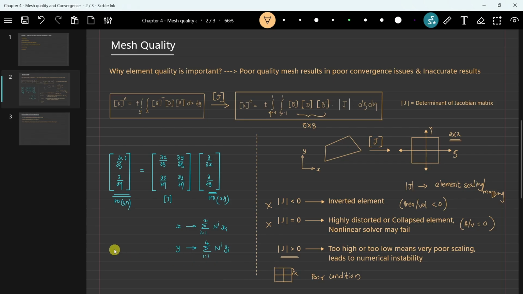Now let's talk about this quadrilateral element. As we know, it has four integration points, and this is a Jacobian. So we know the Jacobian has terms of zeta and eta. That means we can calculate the Jacobian at each integration point.